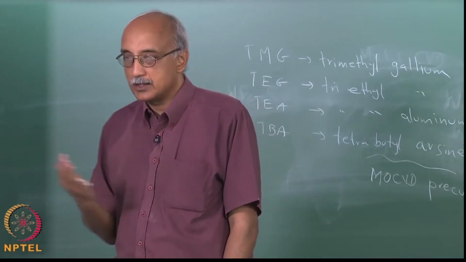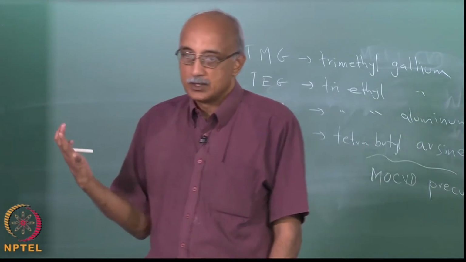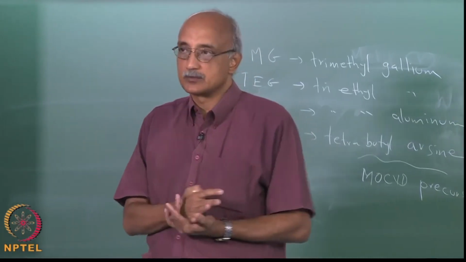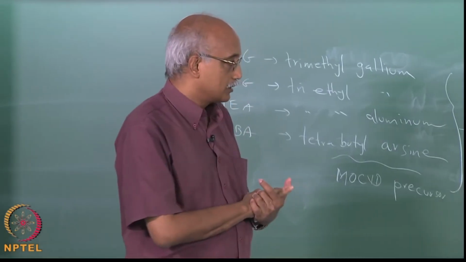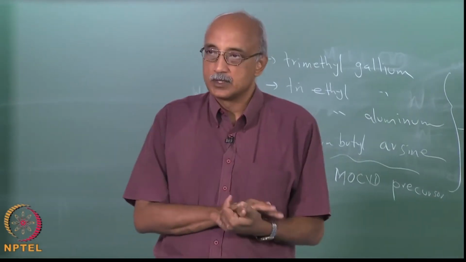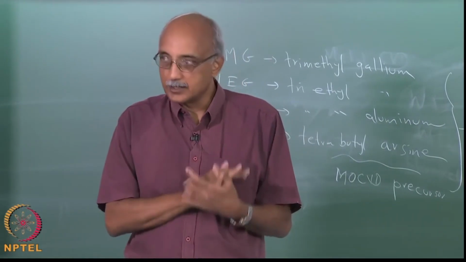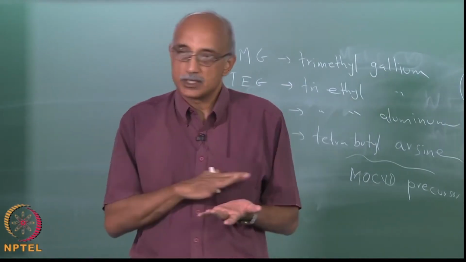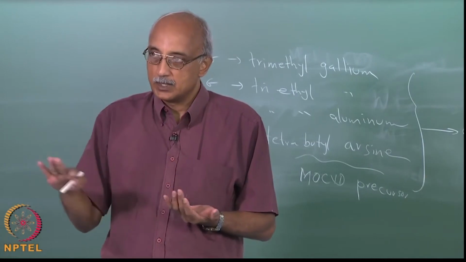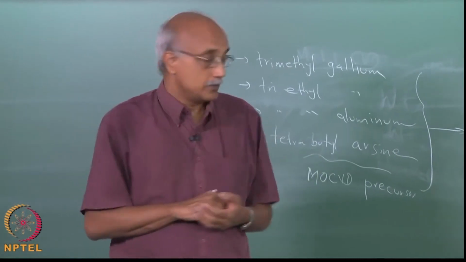So, they act like a gettering mechanism which prevents the formation of the film. Alternatively, instead of forming gallium arsenide as your film, you can start forming gallium or arsenic as the film, so it becomes an impurity in the CVD film.